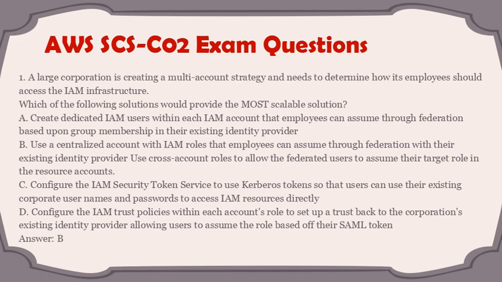C. Configure the AWS Security Token Service to use Kerberos tokens so that users can use their existing corporate usernames and passwords to access AWS resources directly. D. Configure the IAM trust policies within each account's role to set up a trust back to the corporation's existing identity provider, allowing users to assume the role based off their SAML token. Answer: B.